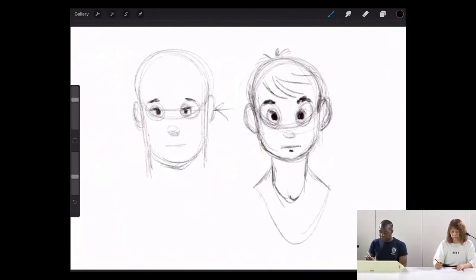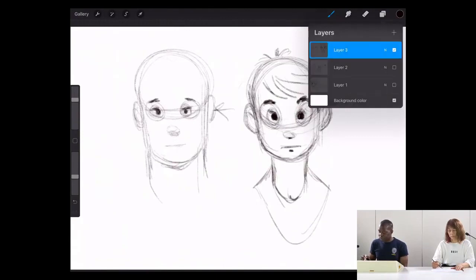Of course, also you can see I've drawn his neck a lot smaller in relation to a full-grown man, which we have over here on the side.